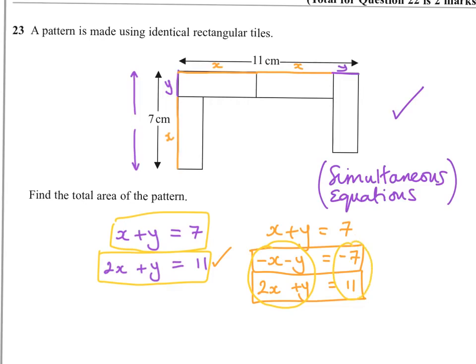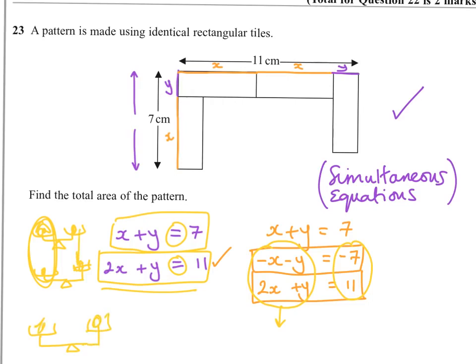And they should still balance, because if you think about it, if this was a pair of scales that balanced, and this also was a pair of scales in complete balance, and they were balancing because they had an equal sign between them, then if I put these two quantities together and make a new quantity on a new pair of scales, and as long as I did the same to the other, then left and right should still balance.